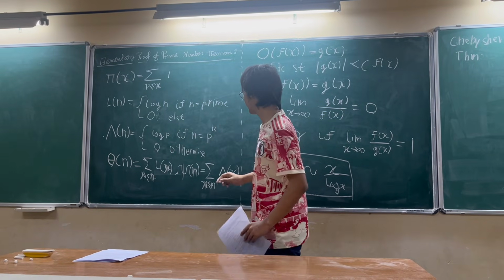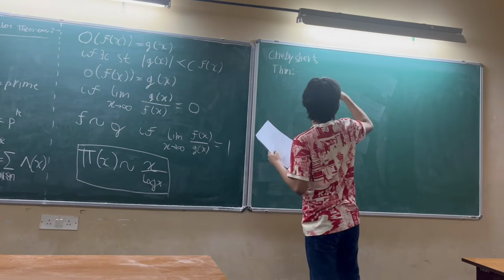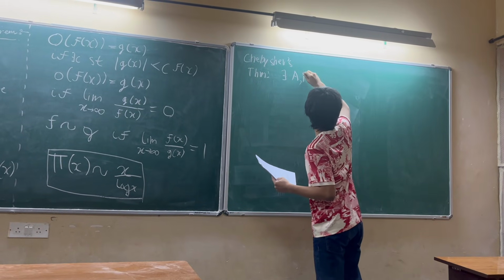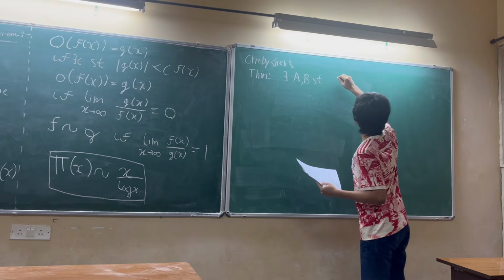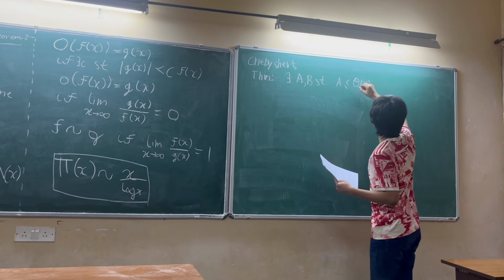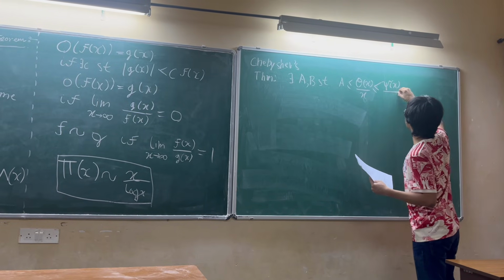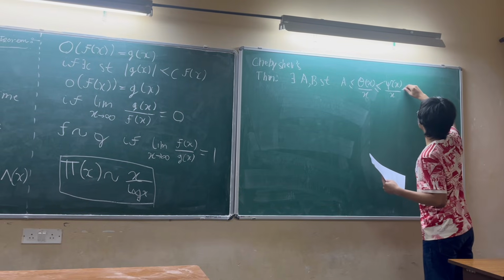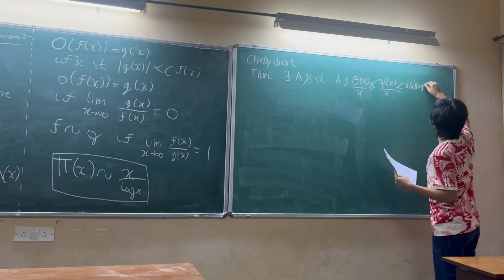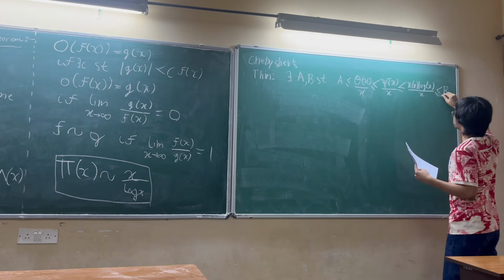Now that I have defined these two new functions, theta and psi, I can state Chebyshev's theorem, which is essentially saying that there exist constants a and b such that a is less than or equal to theta of x by x, psi of x by x, and pi of x log x by x, which are less than or equal to b.